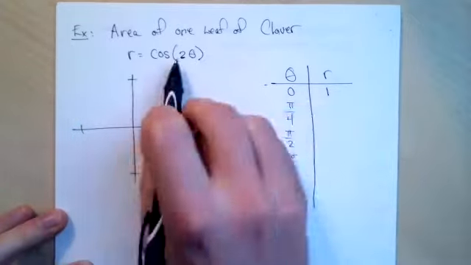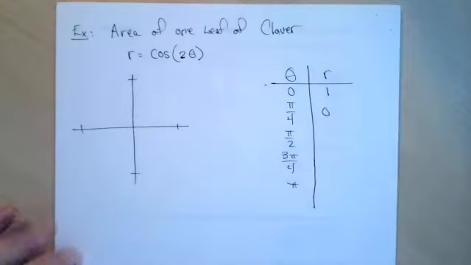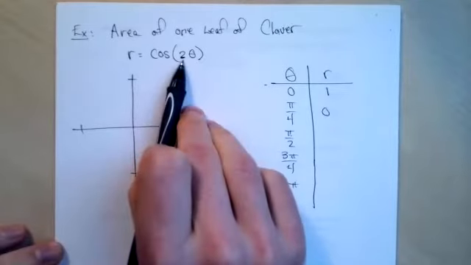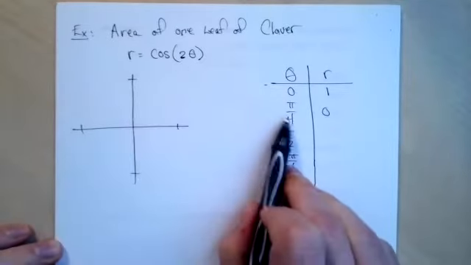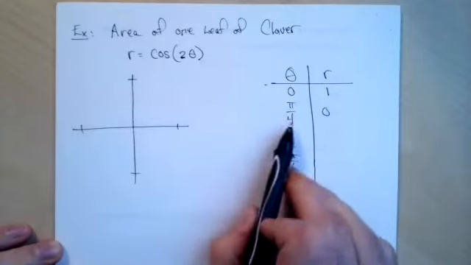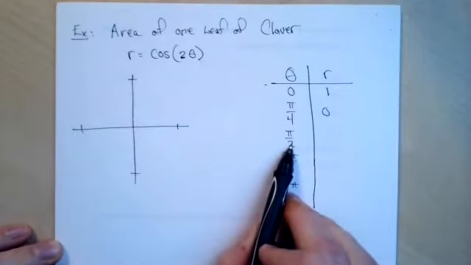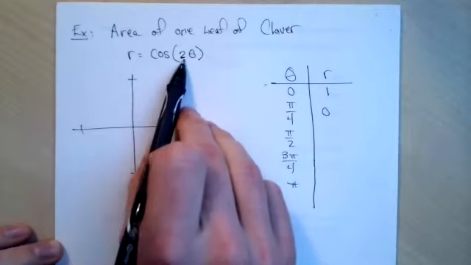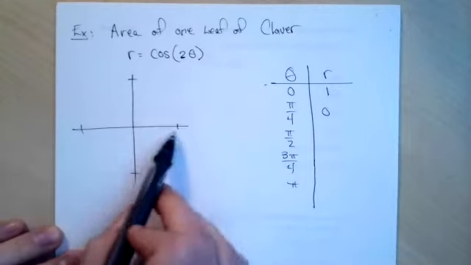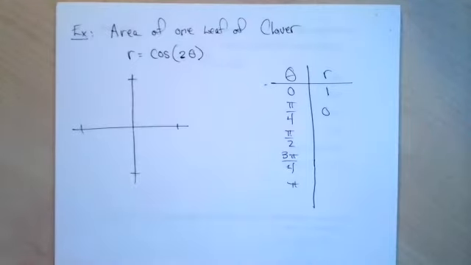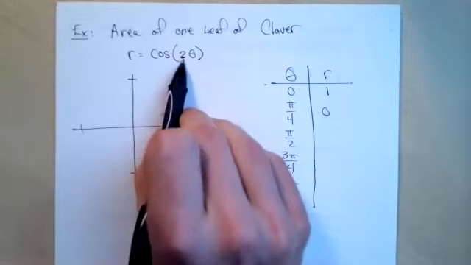At pi over 4, we're going to get 0. Because we're multiplying the angle by 2, you may even almost want to cut the angles in half if you really wanted to, pi over 8 to pi over 4, since we're doubling the rate of speed with which we're traversing the circle, so to speak, with that factor of 2.